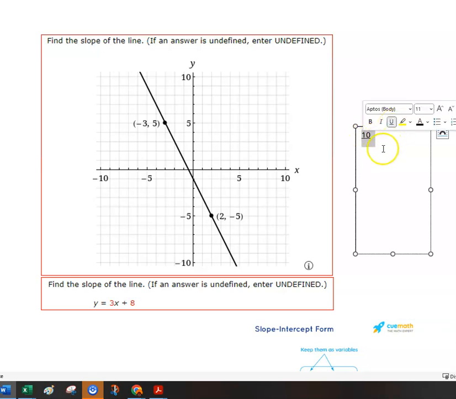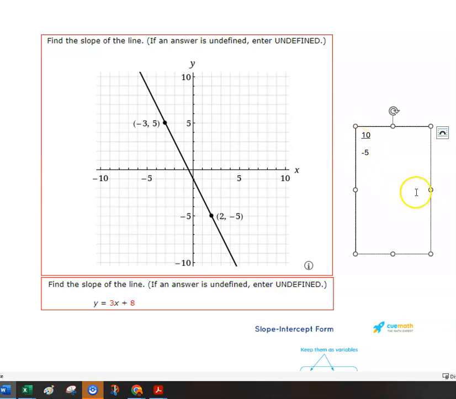I'm going to make this into a fraction. Okay, so I made it 10 up. Now I'm going to the left, and I'm counting the number of jumps. 1, 2, 3, 4, 5, over -5.